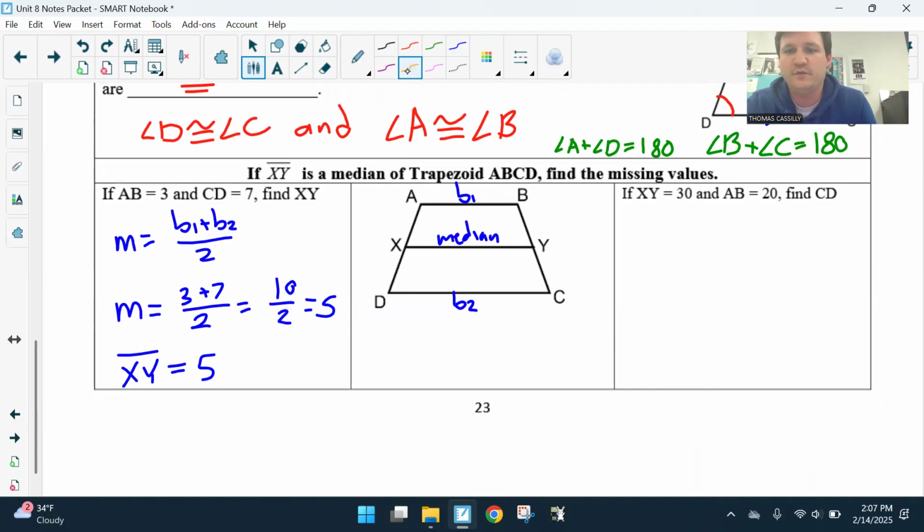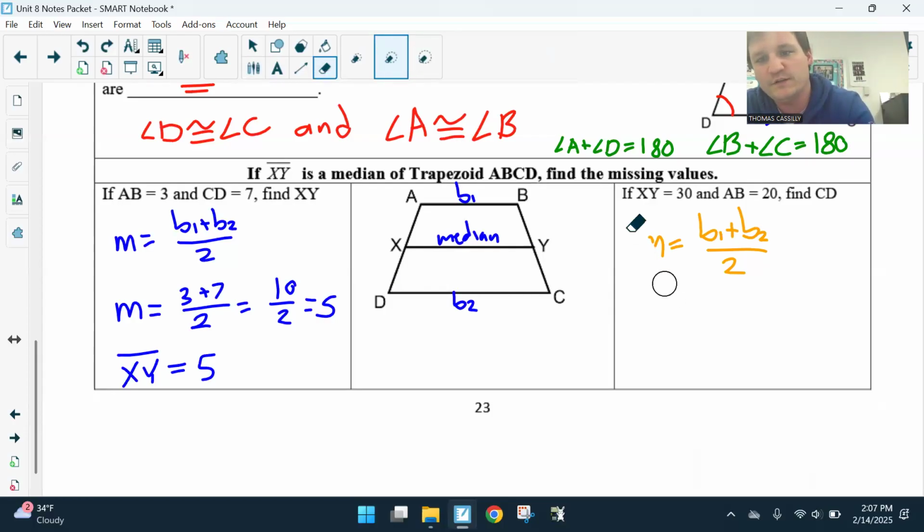All right, so let's look at the next one, slightly different. Let's see what we have here. XY is 30, AB is 20, and CD is, well, we don't know what CD is. We got to find it. All right, so once again, the median is equal to base 1 plus base 2 divided by 2. Now, plug in everything we know. If you notice, this time we do know what XY is.